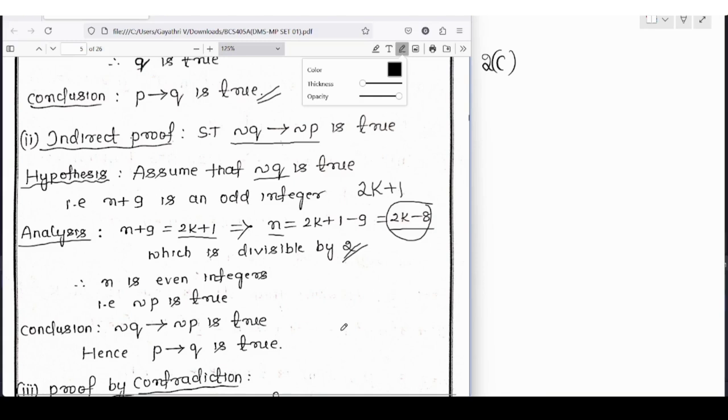Indirectly, it is telling that n is an even integer. If n is an even integer, it is opposite to the first proposition, that n is an odd integer. So we take that negation P is true. Thus the conclusion is negation Q conditional to negation P is true. Hence the proof by indirect way.